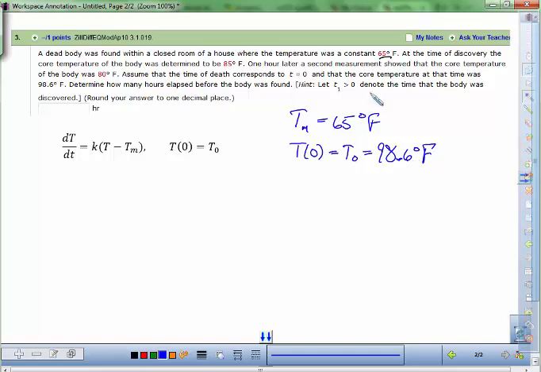So the body was discovered at T sub 1, which is going to be our base time, and then from there we need to figure out, going backwards and forwards, when the time of death was. So T sub 1 is when it was discovered, and what is the temperature of the body when it was discovered? 85 degrees.